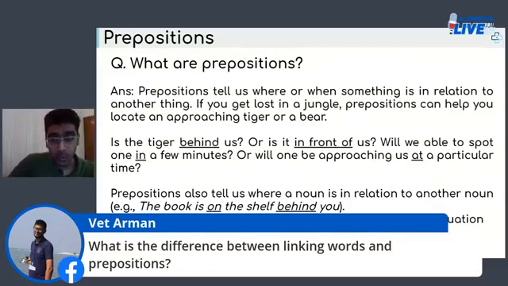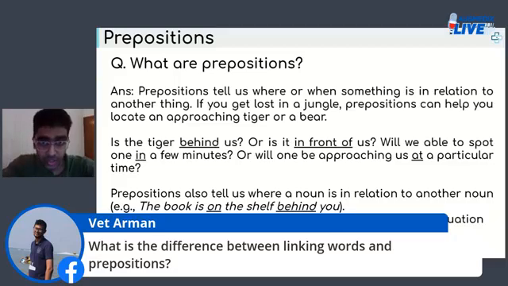They link or connect words in a phrase or in a sentence, such as, for example, if I say, the class begins at 7:30 p.m. every Monday to Friday. Here, the preposition at is connecting begins with the time. So the class begins at 6:15.